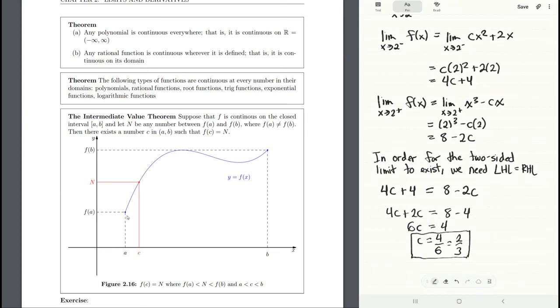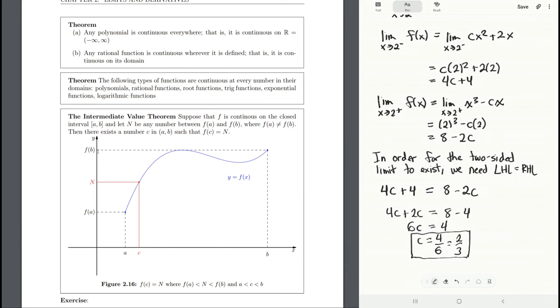Well, suppose we have a continuous function, and it's continuous on the interval from a to b. So there are no gaps within this function on this interval. And suppose that the function value at a is given as f of a, and the value at b is given as f of b.